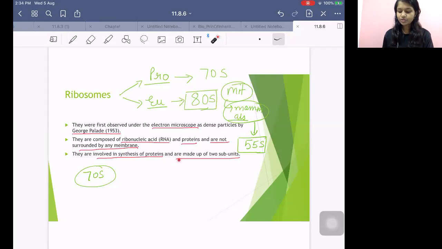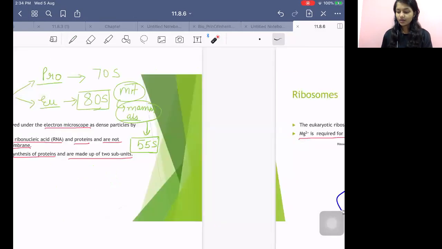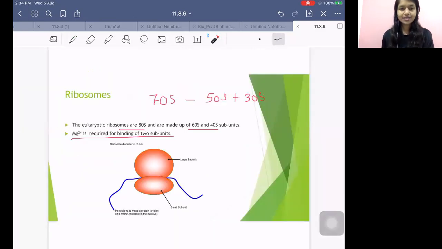Now, how many units do you get in them? I have been telling you that they have two subunits, one large and another one small. So prokaryotic ribosome is 70S, which is 50S plus 30S. Eukaryotic ribosome is 80S, which is 60S plus 40S.